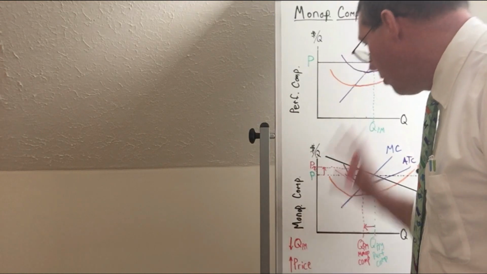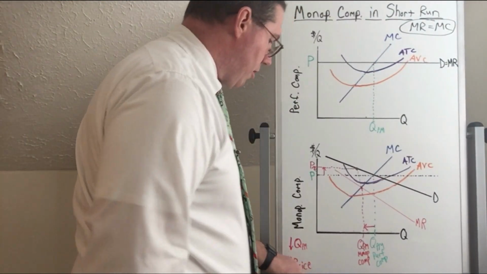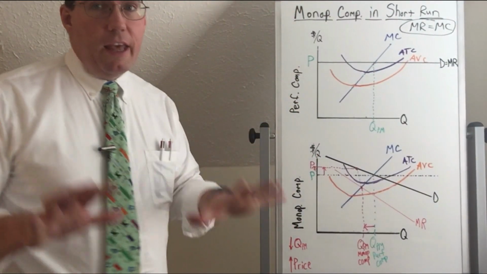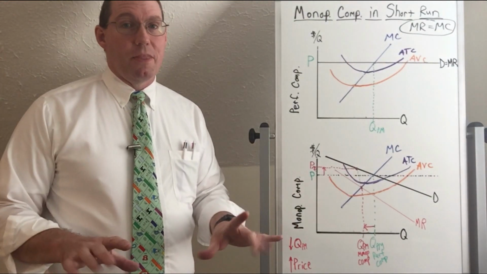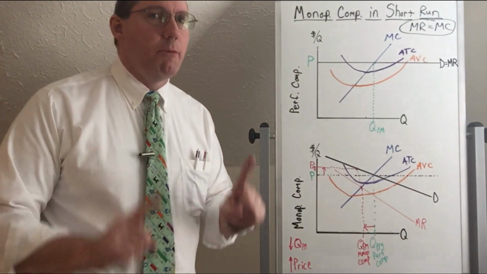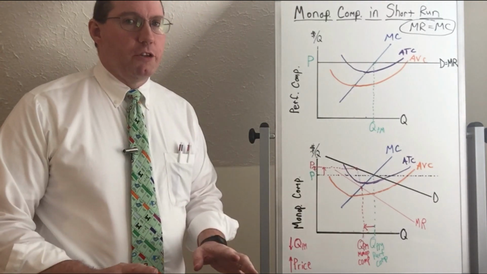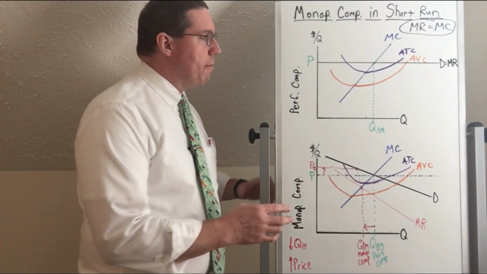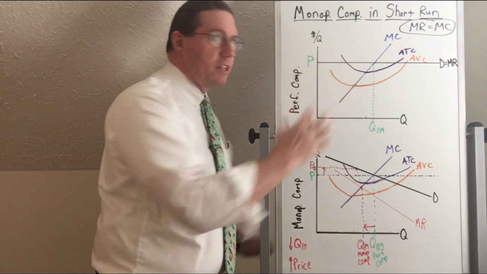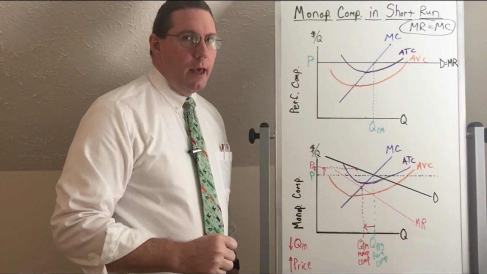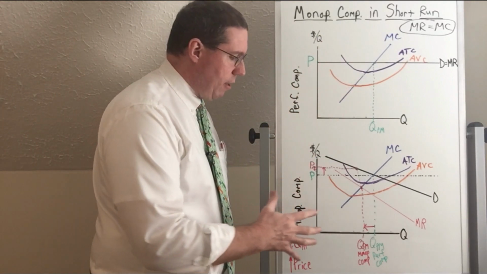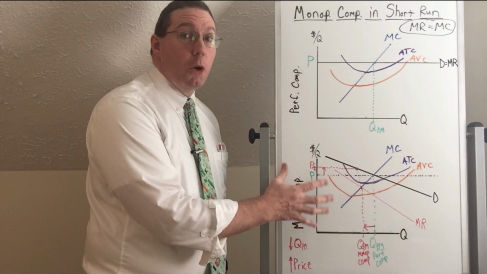And that's what I need you to understand from this example. As we compare monopolistic competition to perfect competition, if we took two businesses that had the exact same cost structure, and the only difference between the two businesses is that one of them is facing a perfectly competitive market, and the other one is facing a monopolistic competition market. Why?